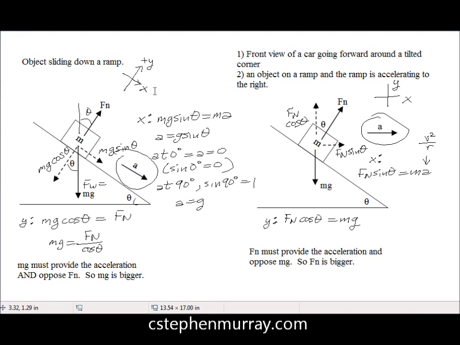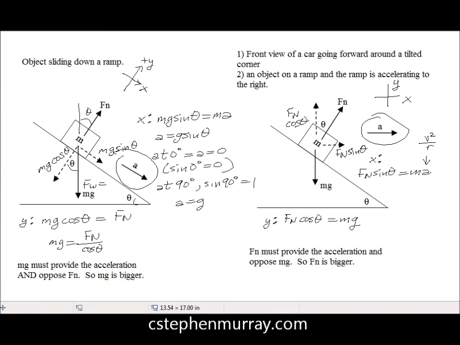Again, x is parallel to a here, x is parallel to a here. Once you have that, then you can break up your sine and cosine. Use sine and cosine to break up your forces into the x and y direction to find their components, and then it's a simple matter of setting them into your x and y directions. Okay, and then even something that seems like a conundrum here ends up working out pretty well.